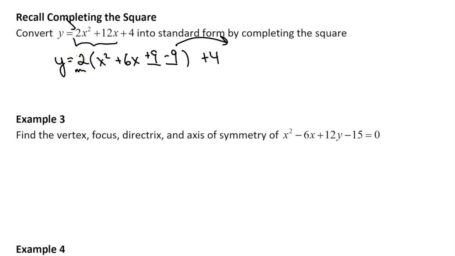So its value on the outside isn't just negative 9, it would be negative 9 times 2, because that 2 needs to expand with the negative 9, and you would have a negative 18 in this case on the outside. So from here you would get y equals 2 times x squared plus 6x plus 9, which is an example of a perfect square trinomial, x plus 3 squared, minus 14. And that would be how you complete the square.